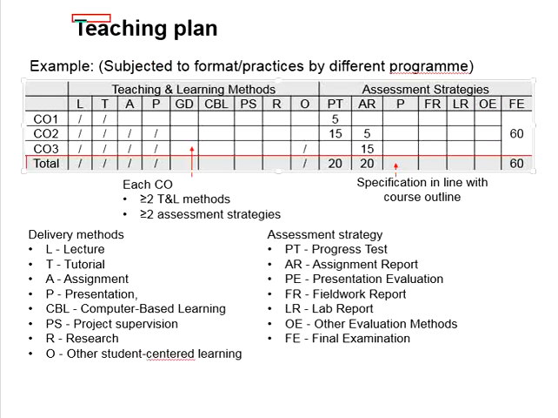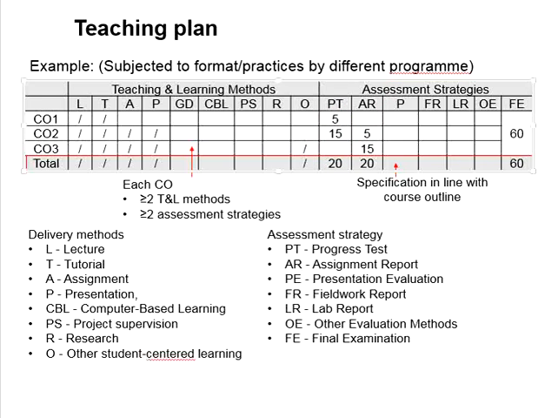Because the teaching plans are produced before the semester starts, the marks, of course, will be tentative. If possible, you try to abide by what was initially planned. But you know that when it comes to the assessment later, probably the progress test might not be a round number.